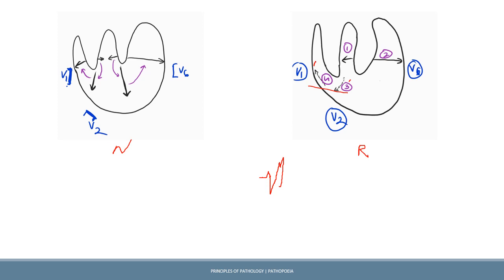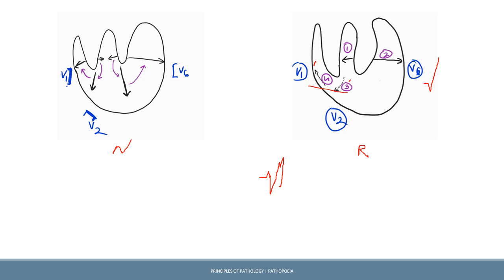Okay, so this would be for V1. Let's plot for V6. What happens in V6? First of all, there would be the activation of the septum from left to right, as vector 1 represents, and this would cause a negative deviation. Then there would be activation of the left free wall, and this would cause a huge positive deviation in case of V6, because it is towards V6.